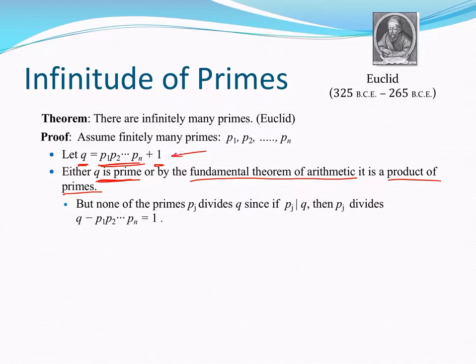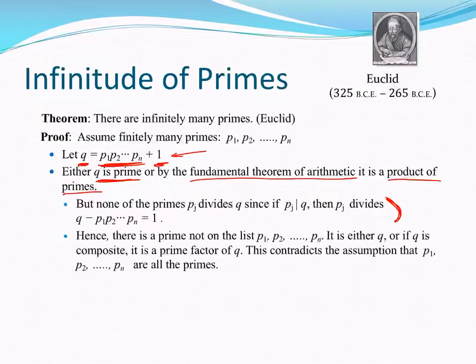None of the primes pj can divide Q, because if it divides Q and it also divides the product of all the primes, then it must divide 1, and 1 cannot be divisible by a prime number. This is the result of a theorem from the first section.